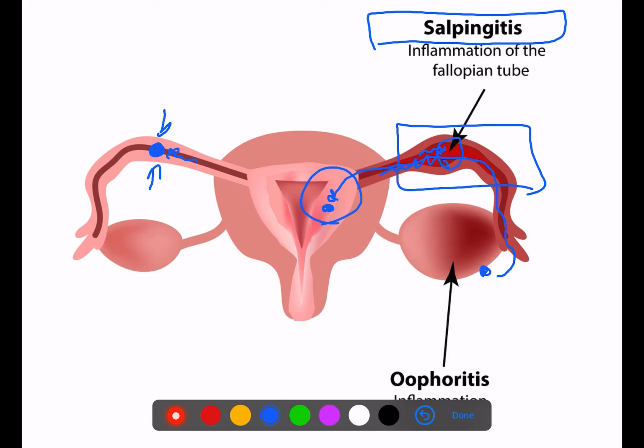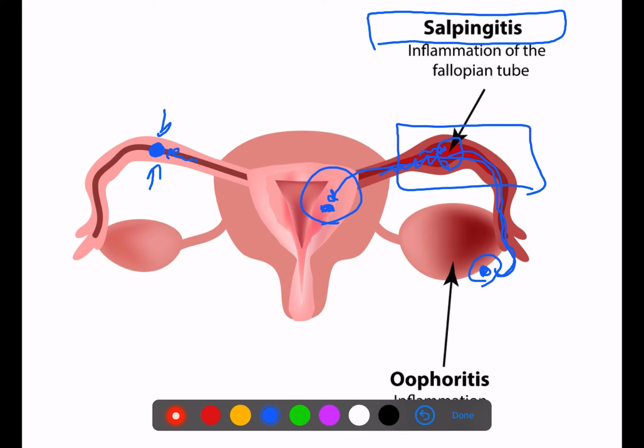All this causes infertility. How does it become infertility? Because the ova cannot pass through the salpinx and reach the uterus, and infertility occurs.